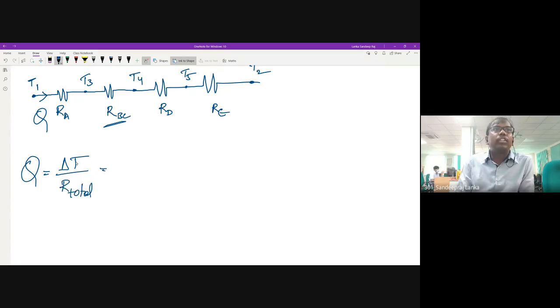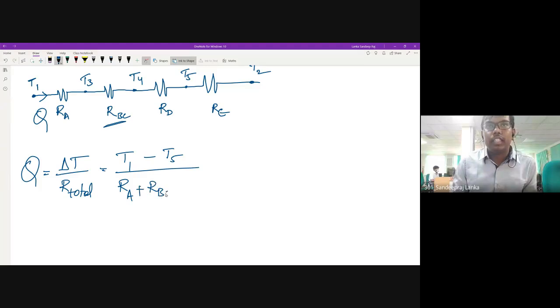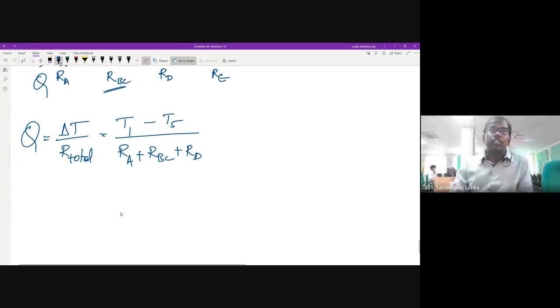Previously, you took T1 minus T2 by the sum of all the resistances. Now I will not take it like that. I take T1 and T5 by only these three. In between 1 and 5, I have RA, RBC, RD. So Q is equal to T1 minus T5 by RA plus RBC plus RD. T1 you know, T5 you don't know, and RA, RBC, RD you all know, so you can find out T5.